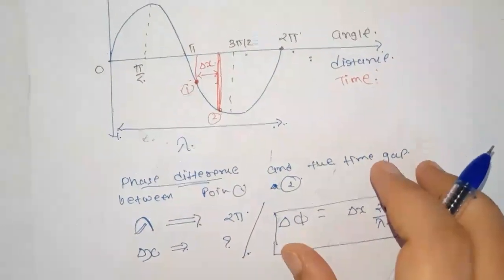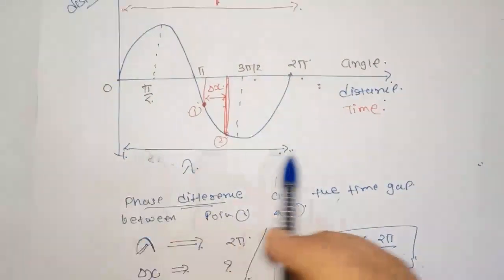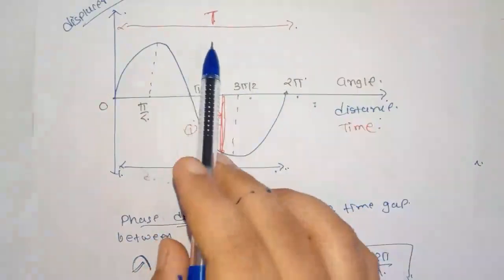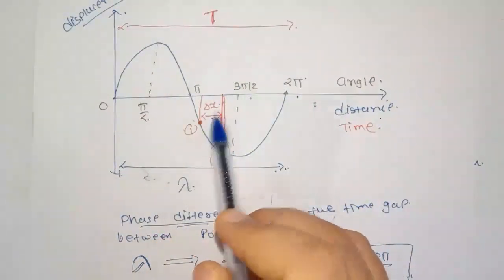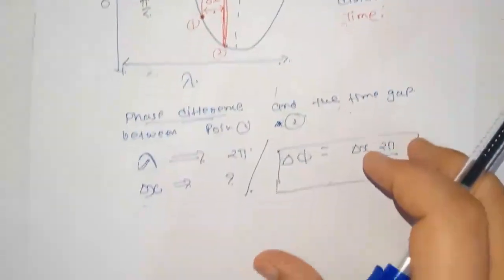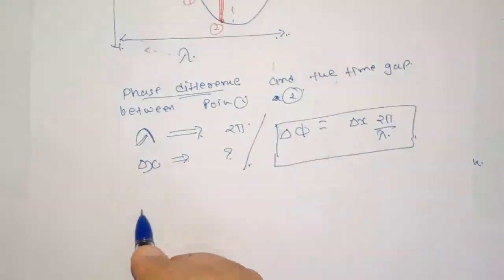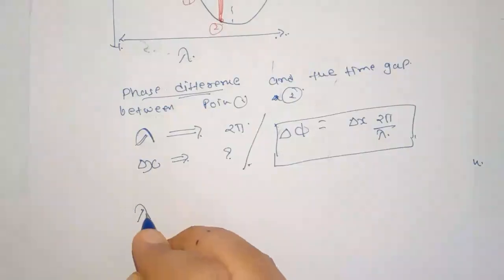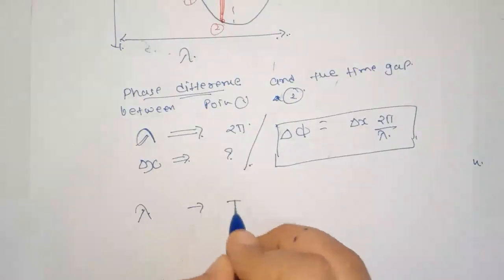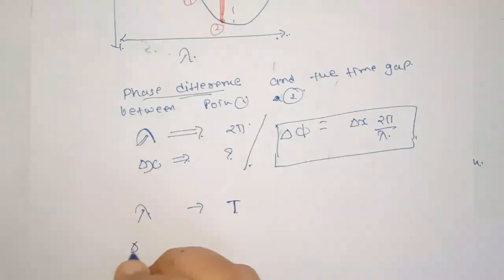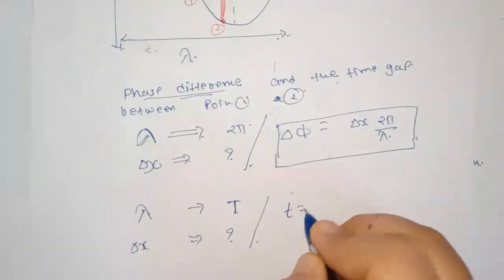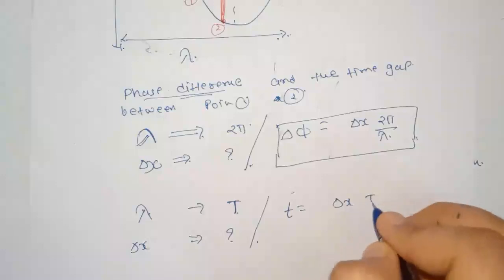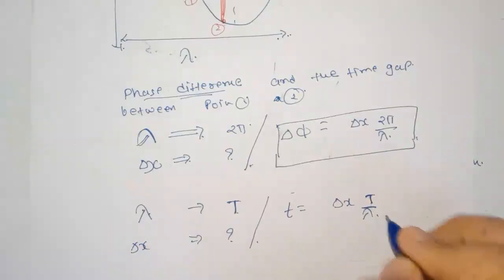Same way we can write for path difference lambda, the time gap is capital T. So what will be the time gap if path difference is delta x? Then for delta x, the time gap will be delta x into T by lambda.